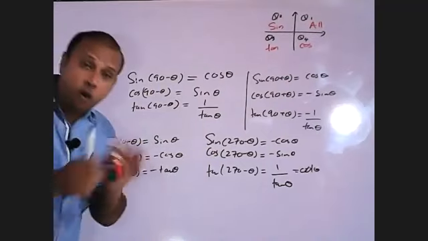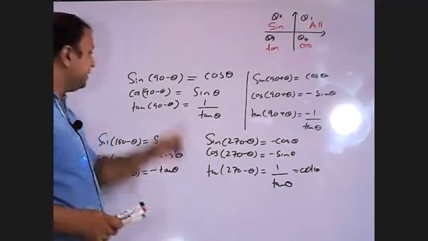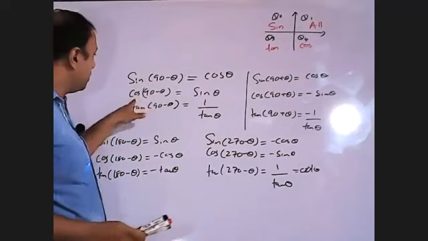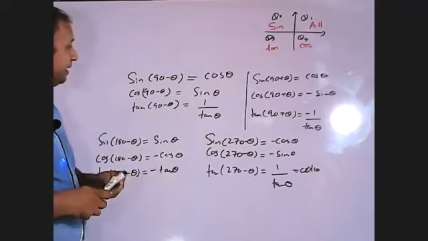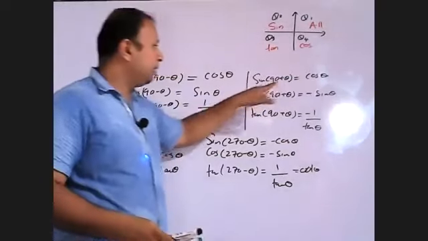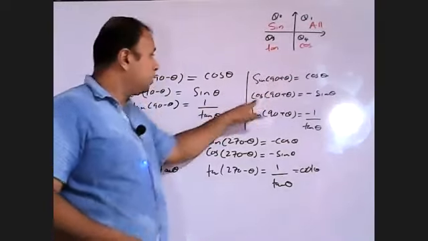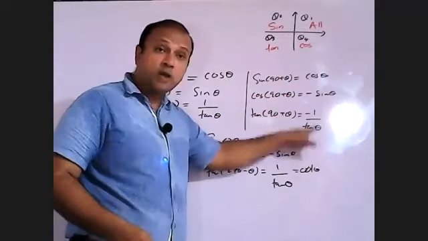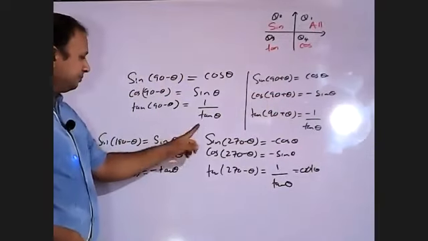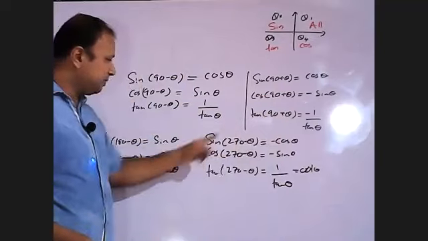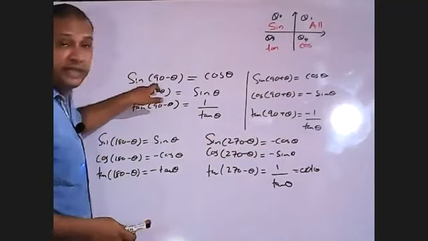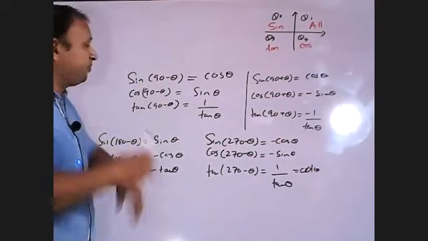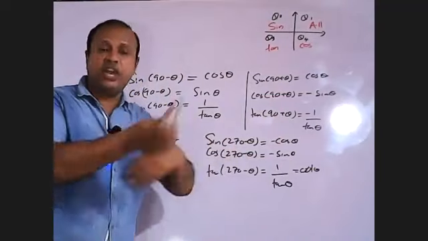Sine becomes cos, cos becomes sine, tan becomes cot, or 1 over tan. So if it is an odd multiplication, the trigonometric ratios are interchanged.